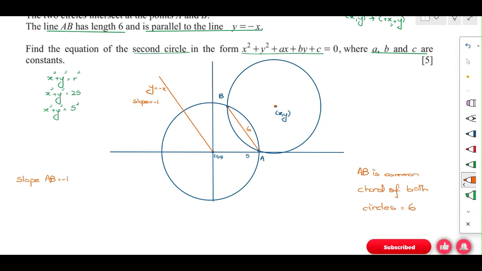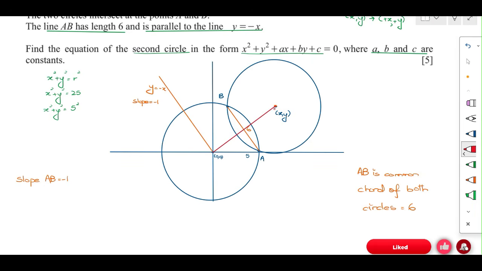So if I join the line between the two circles, if I use a different color pencil, the red one, this red line joins the two centers of the circles.